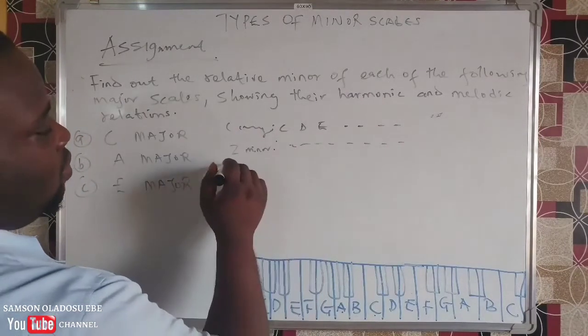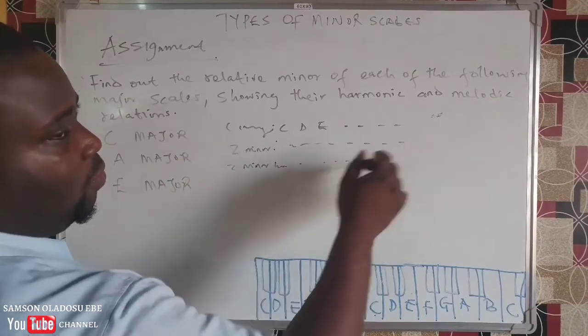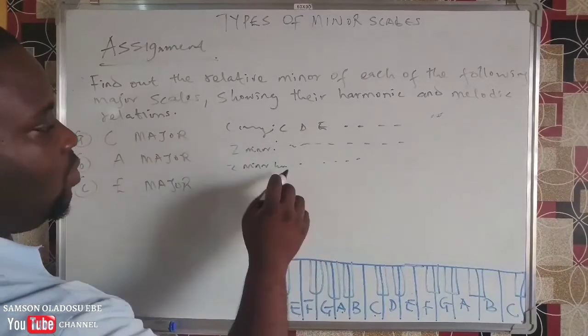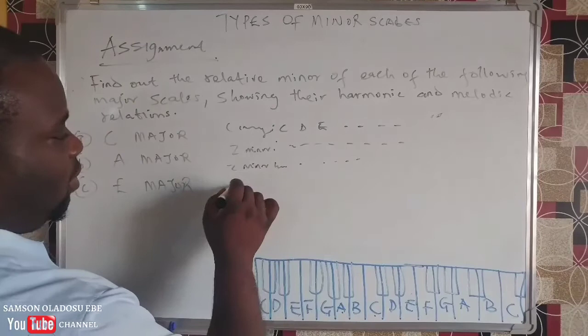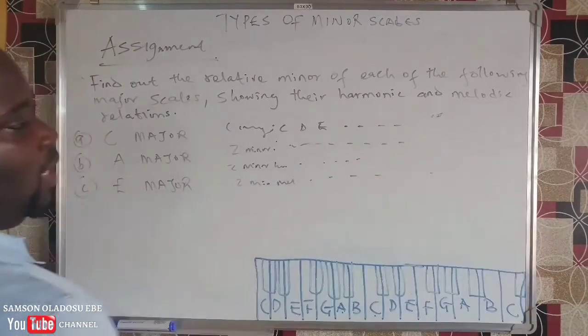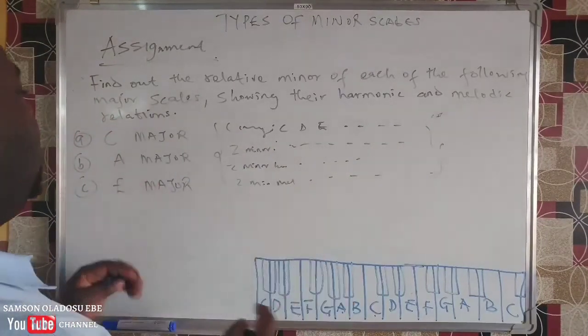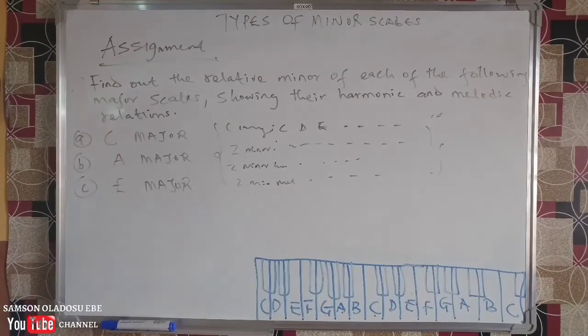Then you say Z minor harmonic. Then you write the scale. Don't forget it's going to be in ascending and descending order, all the scales, okay? So Z minor harmonic, ascending and descending order, then Z minor melodic, and so on, like that. So this will be your answer to question 1. The same steps you will follow for question 2 and 3.